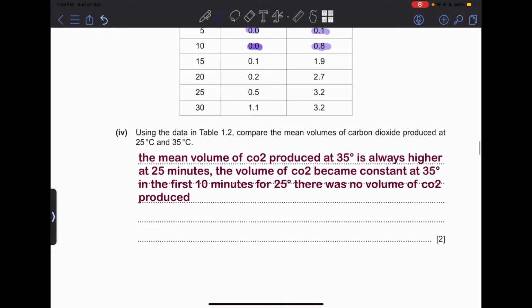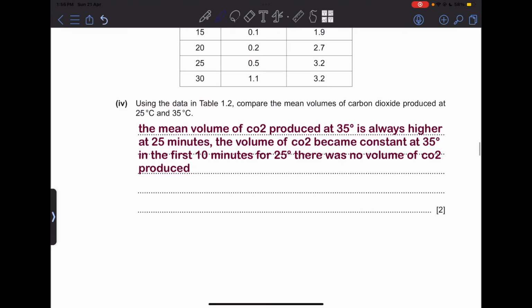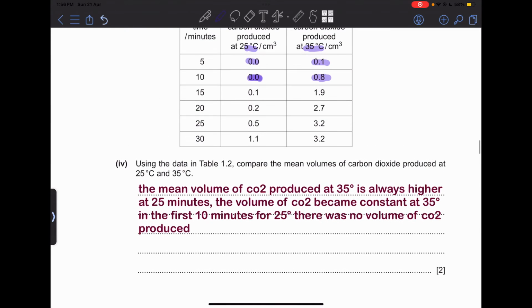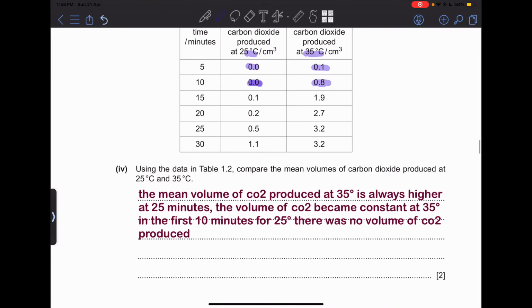Now, the mean volume of carbon dioxide produced at 35 degrees is always higher, and we can say also that at 25 minutes, the volume of carbon dioxide became constant at 35 degrees, and in the first 10 minutes for 25 degrees, there was no volume of carbon dioxide produced. So you're going to describe the results as we do in paper 4.